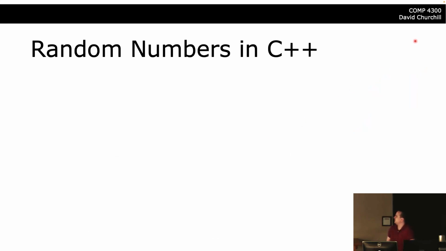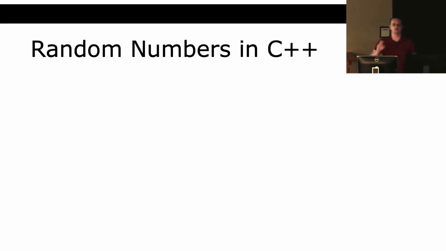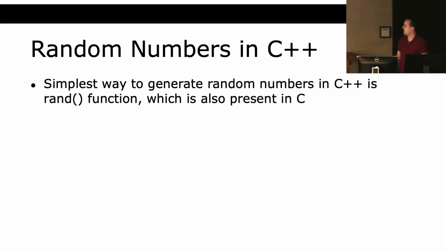And I believe the last thing that I'm going to talk about that is needed for assignment 2 is that you're going to be spawning enemies in random parts of the window. And in order to do that, you're going to need to generate some random numbers in C++. The simplest way to generate numbers in C++ is to use the function from C, which is this rand function.